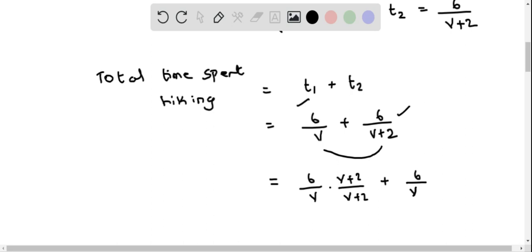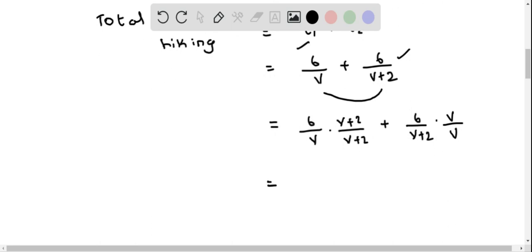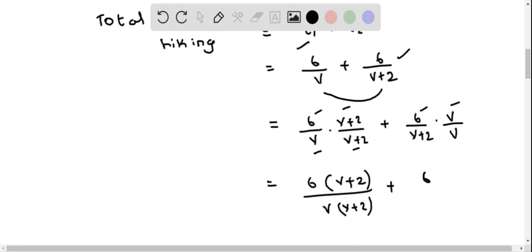So we have 6 times v plus 2 divided by v times v plus 2, and then 6 times v, which is 6v, divided by v times v plus 2.